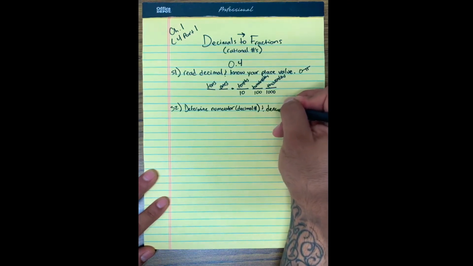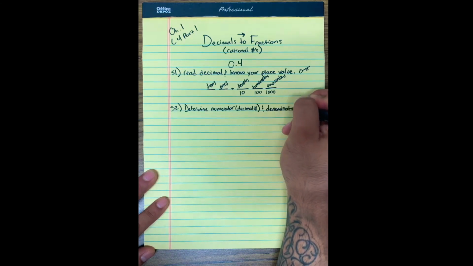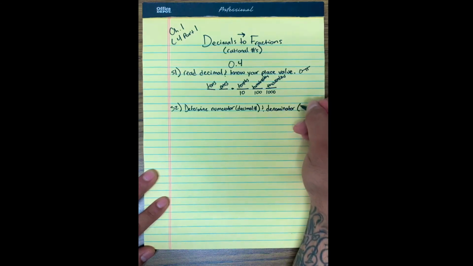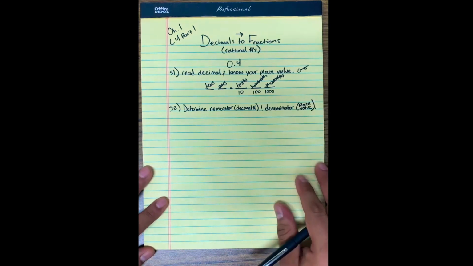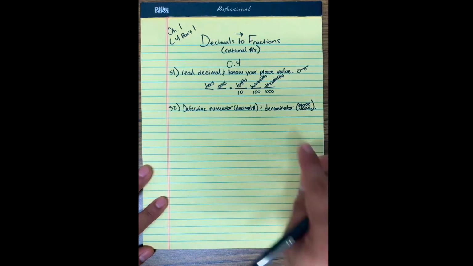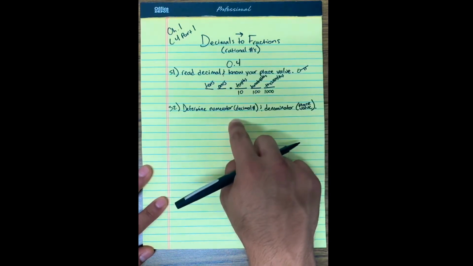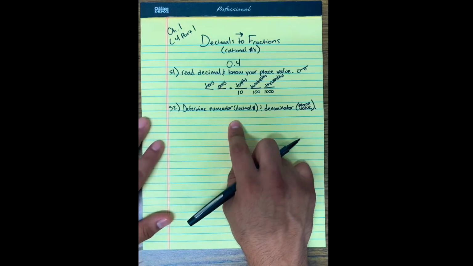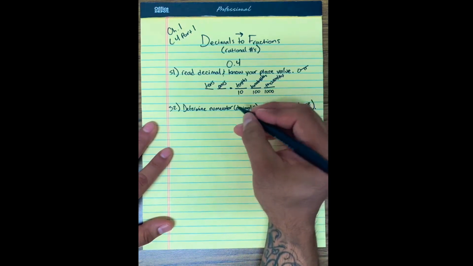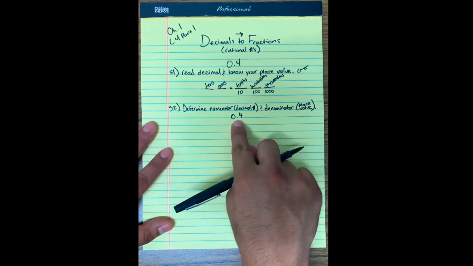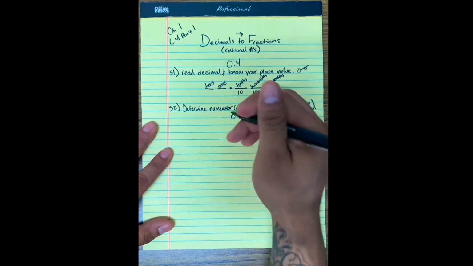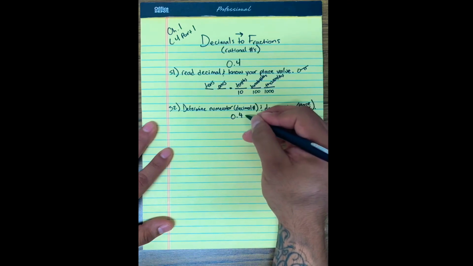All right. Step 2 is going to be determine your numerator, which comes from your decimal number, and determine your denominator, which comes from the place value. So 0 and 4/10. Make sure you read it correctly as 0 and 4/10.